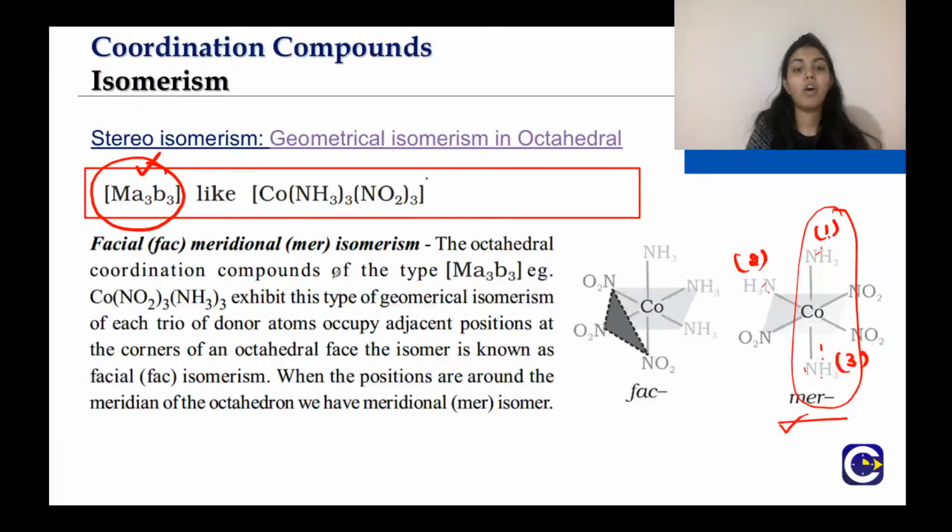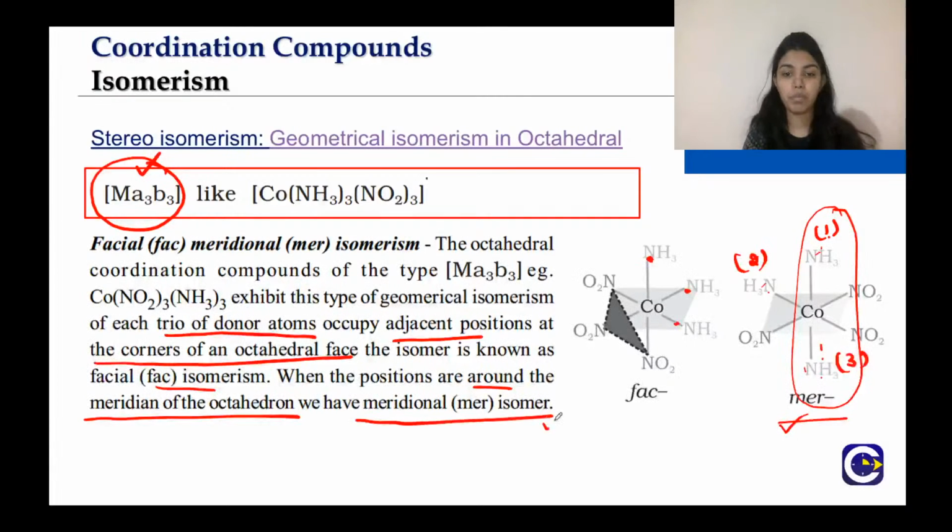Or you can define it this way: if the trio of donor atoms, the three same donor ligands, occupy adjacent positions at the corner of an octahedral face, it is known as facial. When the positions are around the meridian of the octahedron, we have the meridional isomer.